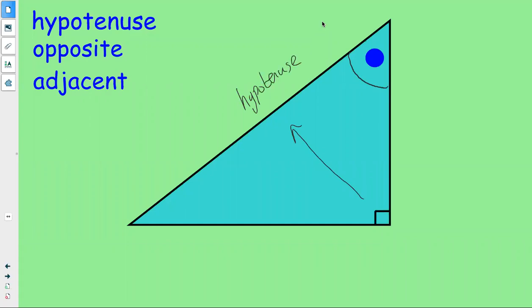This is the angle in question. So the side opposite that angle is now going to be this side, so this is now called opposite. And that last side, the side beside the angle, is called the adjacent. So I would always label the hypotenuse first, then the opposite side, and then the last side would be called the adjacent. So let's just practice that.